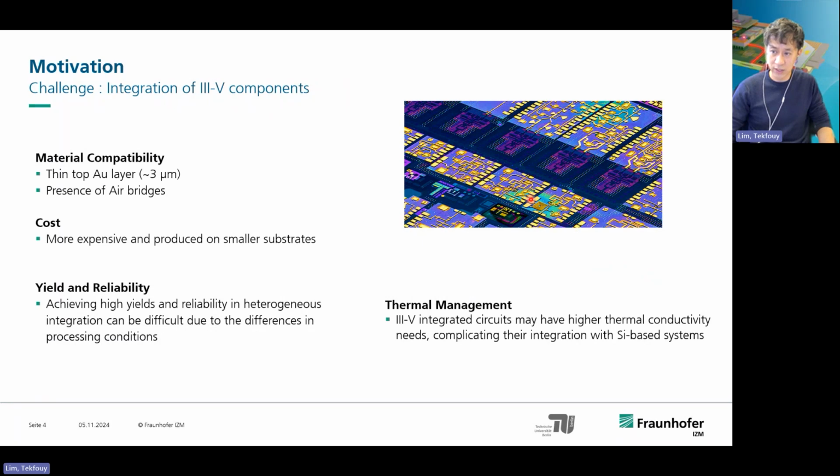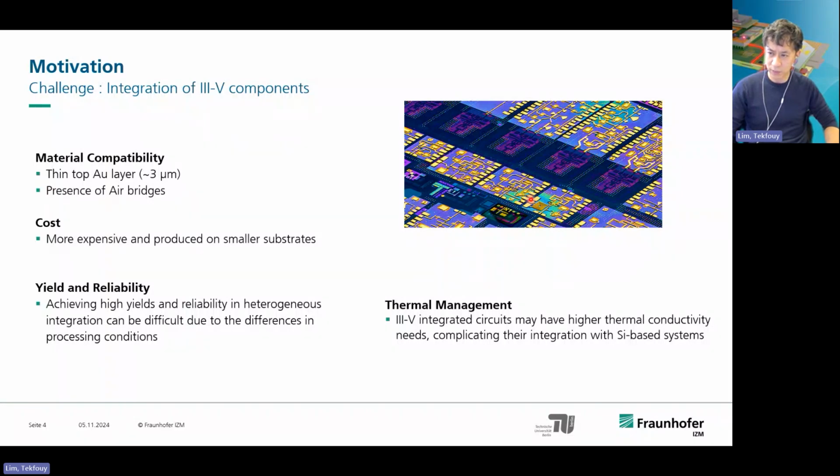So what is the problem for integrating the III-V components? First, the back-end of line of this technology is made of gold, and if you want to make some standard integration, like with flip chip, then it's already quite tricky.